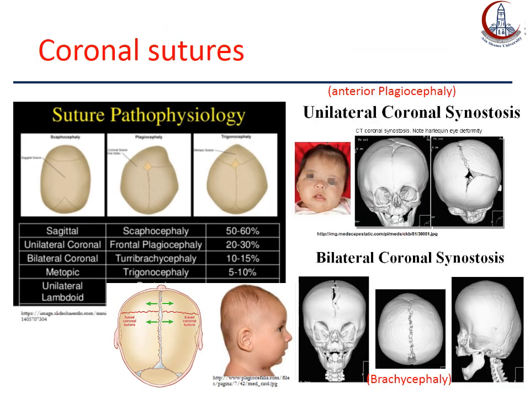For coronal suture synostosis, if unilateral, which is more common than the bilateral, it will lead to frontal plagiocephaly in around 20 to 30% of the cases. Bilateral coronal synostosis will lead to dolichocephaly or brachycephaly.